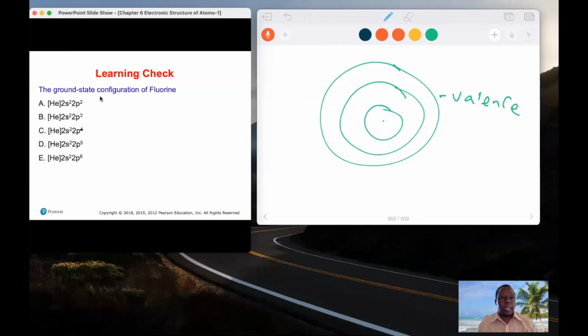The ground state configuration of fluorine, of course, we are now coming in with the condensed, noble gas, or shorthand. We go back one step, and if we go one step forward on chlorine, I see it is helium. So helium will account for what?